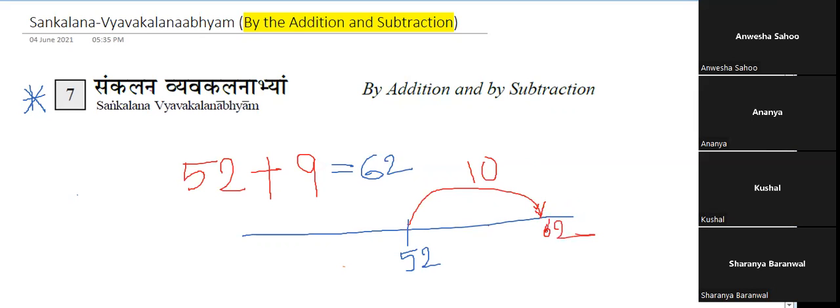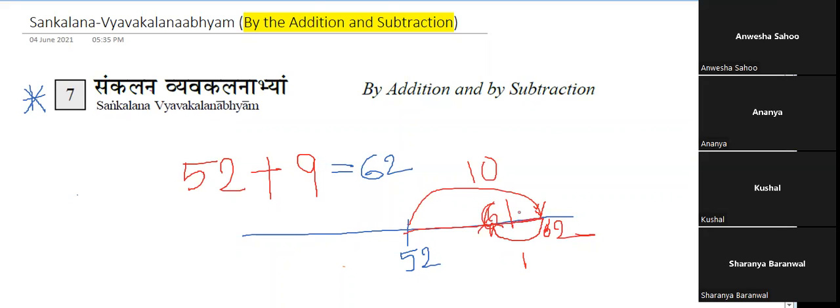In place of 9, we have added 10, meaning we have added 1 extra. Then we come back, subtracting that 1, and it becomes 61. That's our answer. So we move forward and we come back.